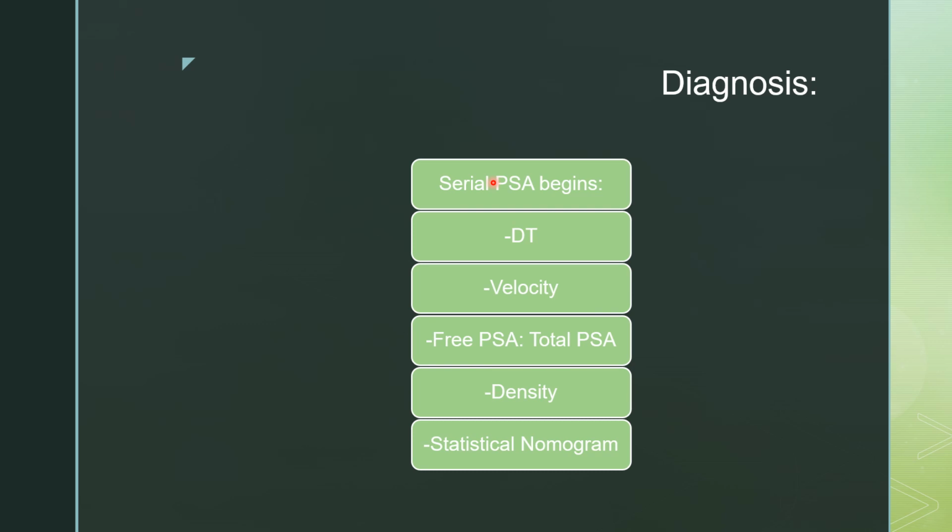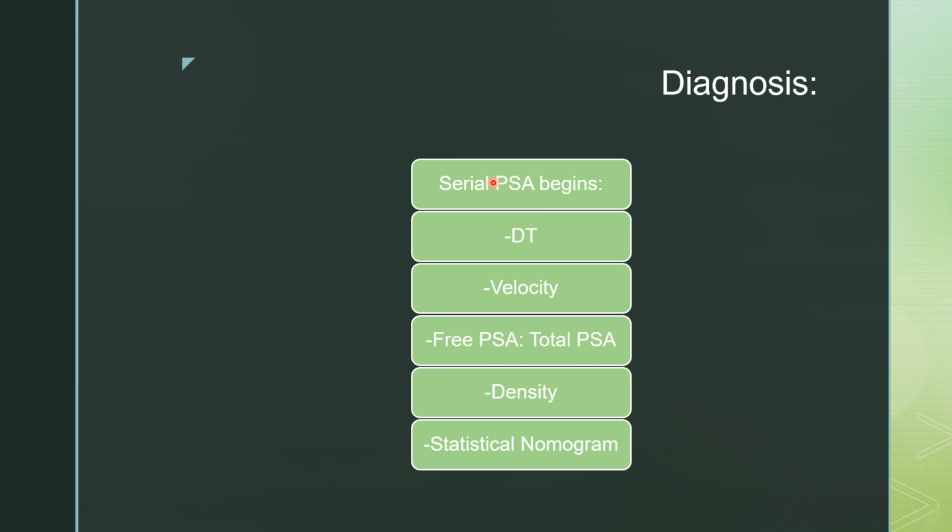Like I said, we'll put so many things into consideration while doing the serial PSA or even the baseline. The baseline today is 4 nanogram per mil. I don't need to do serial PSA. I will refer. Or the baseline PSA today is 3 nanogram per mil, and this is a young man. I don't need to risk the life of this man. I will refer immediately. Okay?